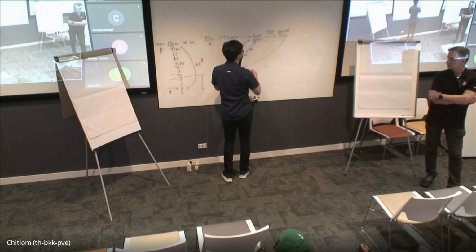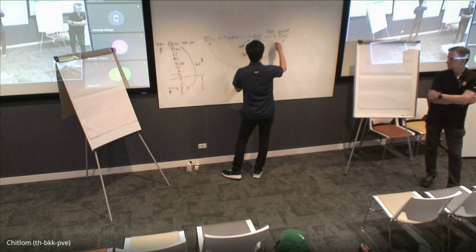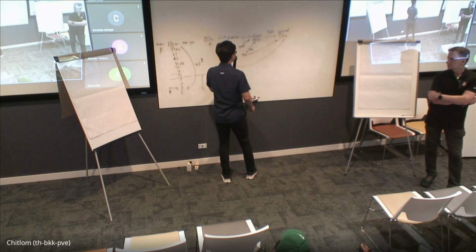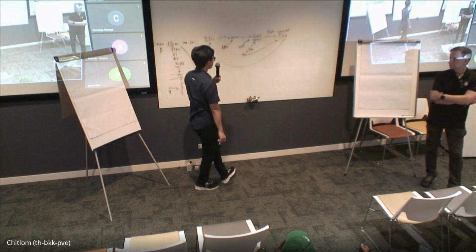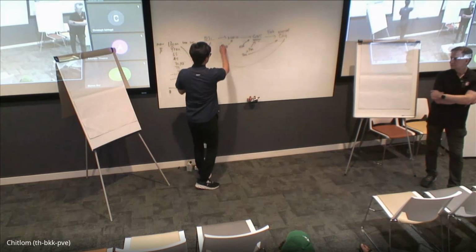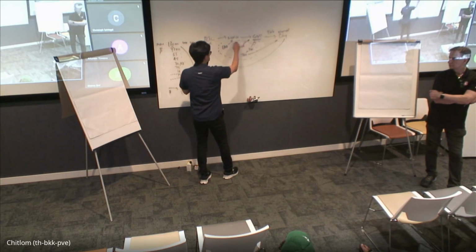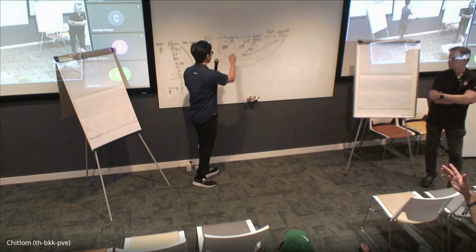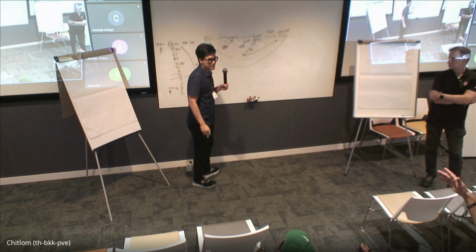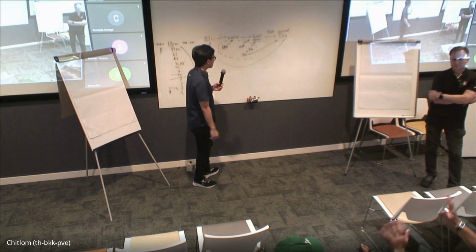TSMC delivers the PDK, TSMC obviously delivers the chip. EDA also synthesizes the netlist. So there are a lot of points here that could theoretically subvert the process. It's not just TSMC, it's Cadence and Synopsys.